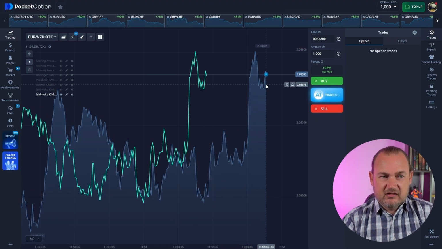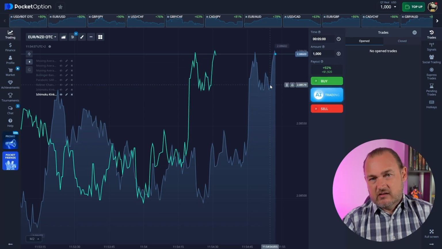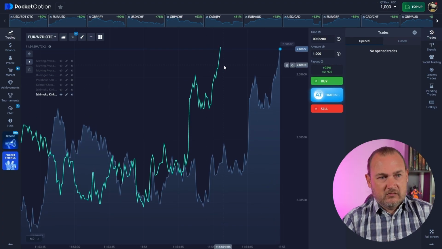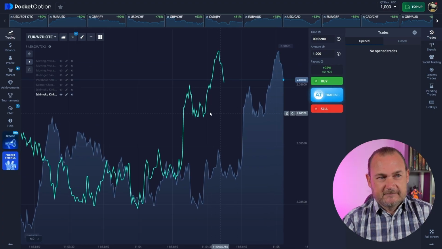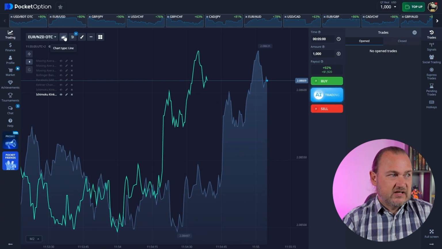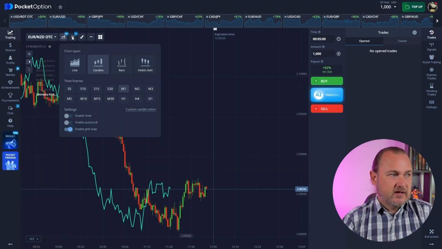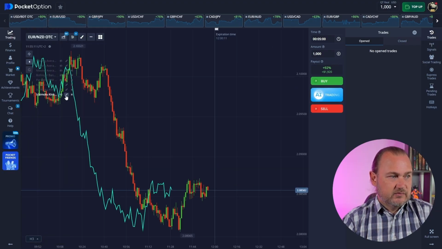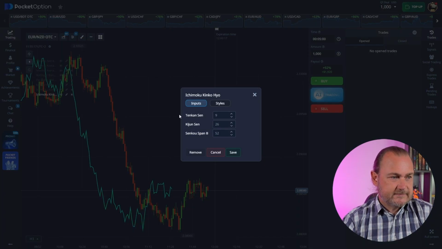It's just plotted 25 candles or 25 periods behind the current price. Okay, so that is the lagging span. They call it the lagging span because it is running behind. It's the price movement, but it's plotted behind our price.